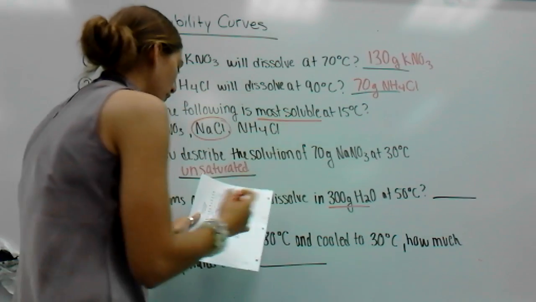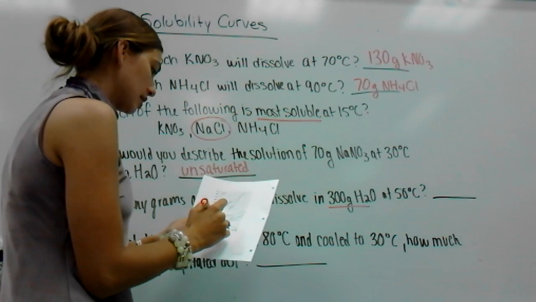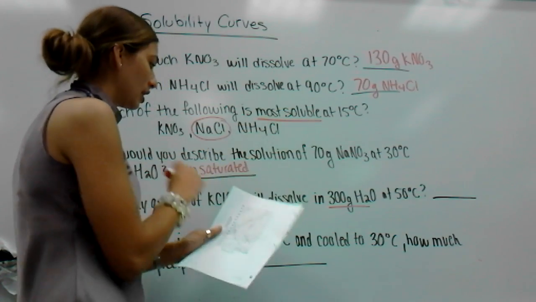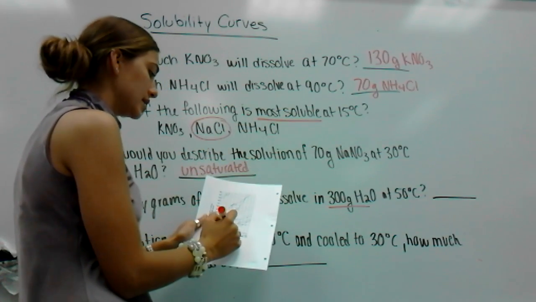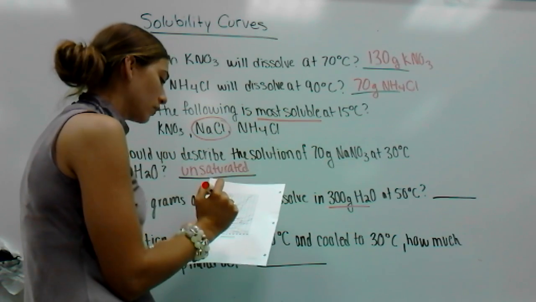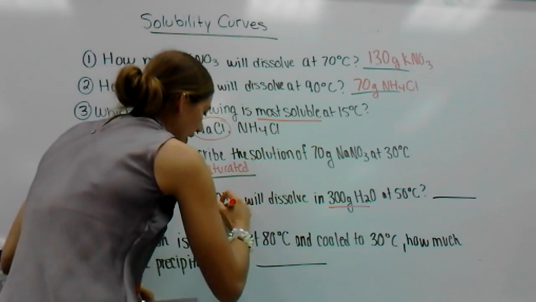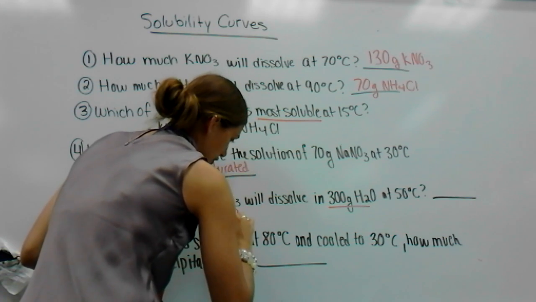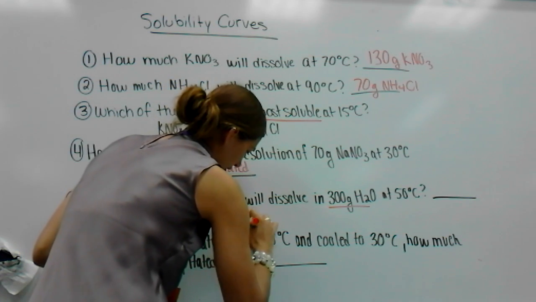So you're going to go to 50 degrees Celsius and see how much can dissolve in 100 grams of water. You're going to go to KClO3, and it looks to me that it intersects at 20 grams. So we have 20 grams that will dissolve in 100 grams of water.